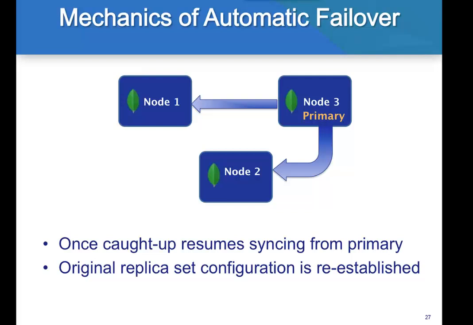At this point, the replica set is up and running. You have one primary node, you have two secondary nodes, and it just so happens that the physical machine which is the primary is different than it was before, but the replica set is still in its full functioning capacity.